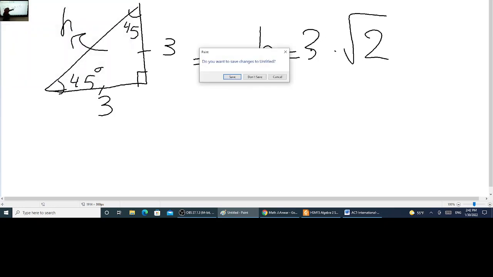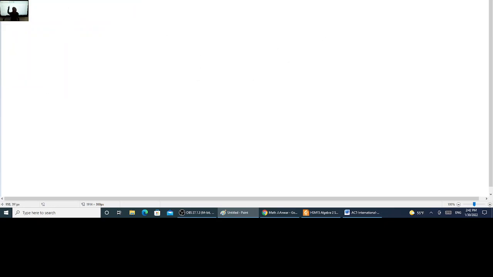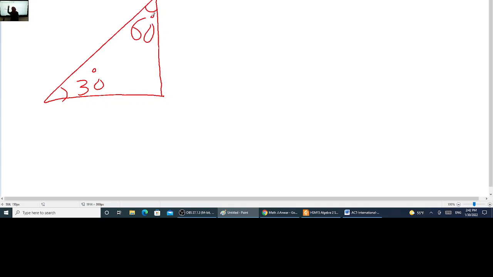Okay, let's do another example. If you have a right triangle with angles 30, 60, and this is the right angle, and this is the shorter leg, equal to 4.